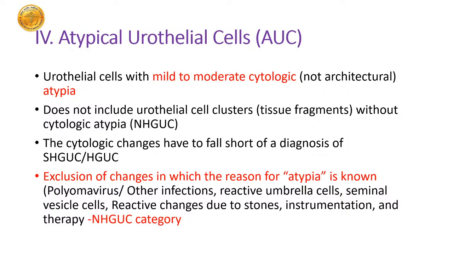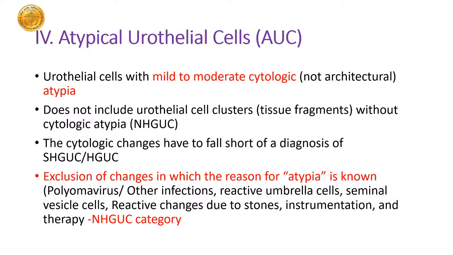Right. So now we come to the second category, which is the one which is causing a lot of problems. It causes pathologists to sit on the fence on their diagnosis, and it is used as a wastebasket terminology, just like in other classification systems. This is called atypical urothelial cells, or AUC.